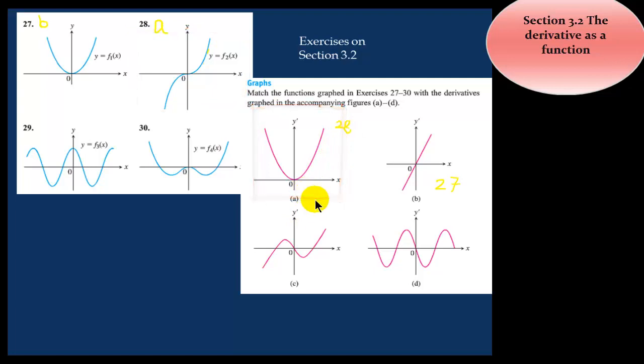Okay, let's look at number 29. I'm going to graph the tangent lines there, okay? Because where the lines are tangent to the curve and they are horizontal, that means the derivative function would have a y value equal to 0.